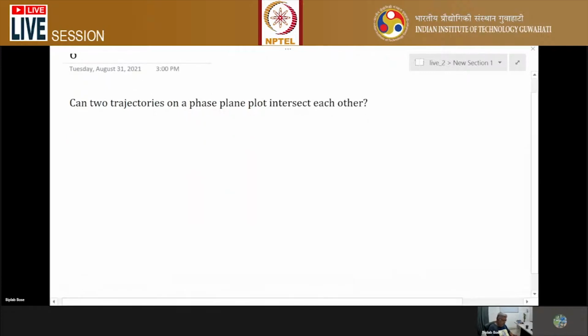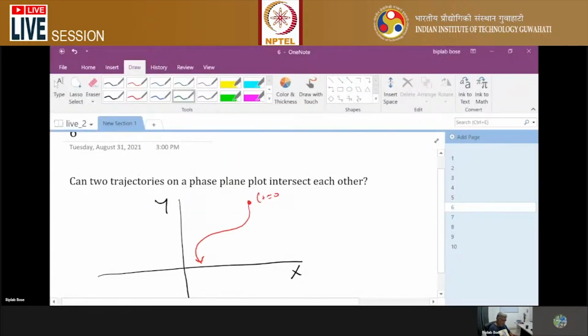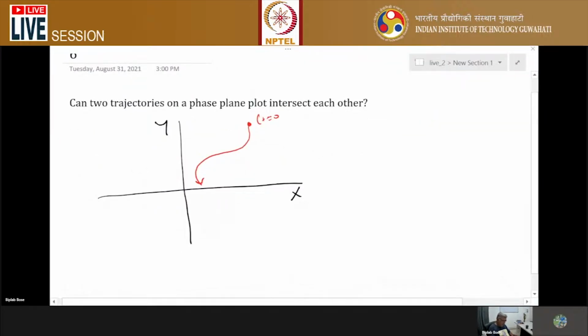What do I mean by that? Suppose I have a phase plane plot, something like this, x and y. I have started a trajectory from this point at t equal to 0, and my mathematics says that it will go like this with time. Whereas, suppose I start with another position here at t equal to 0, and that trajectory goes like this.